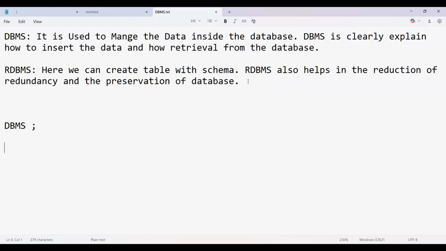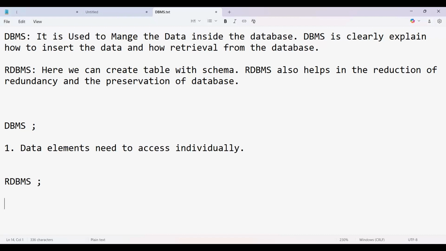First point, in DBMS data elements need to be accessed individually. And in RDBMS, multiple data elements can be accessed at the same time.